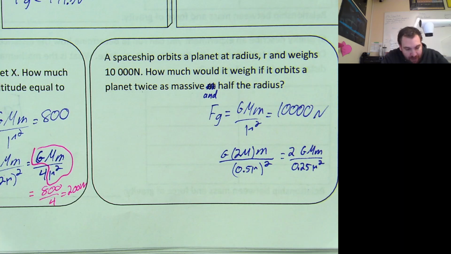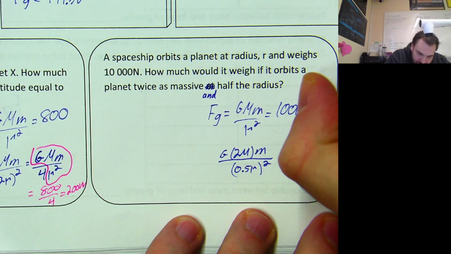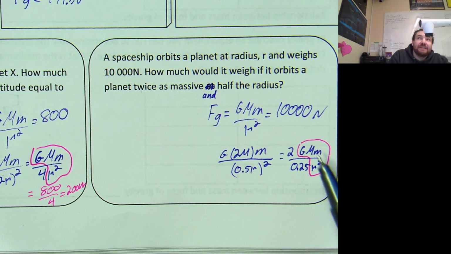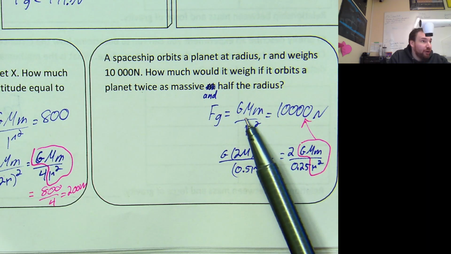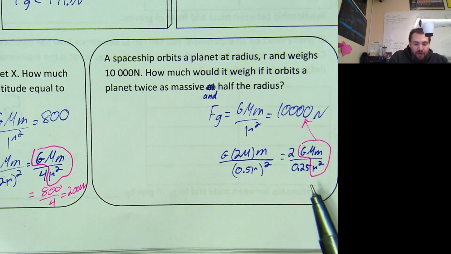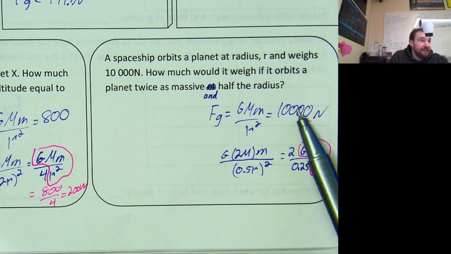Now, what is 2 divided by 0.25? Because that's what we need, right? This piece here, we know what this is. What's this thing that I just circled? What's the value of that? It's 10,000. We were told that earlier. So now we just want to know what 2 divided by 0.25 is, and then we're going to multiply it by 10,000.